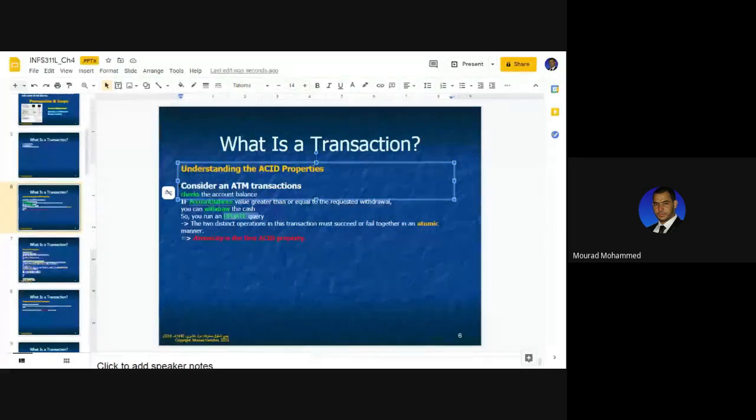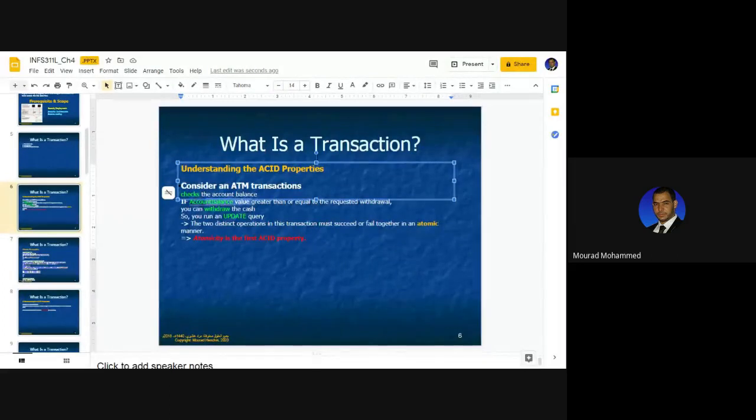A small recap, before I move on. The transaction we are talking about here is that we are willing to withdraw money. What happens? The machine has to check up. What happens to finish this transaction? The machine first, in sequential order, has to check the account balance.